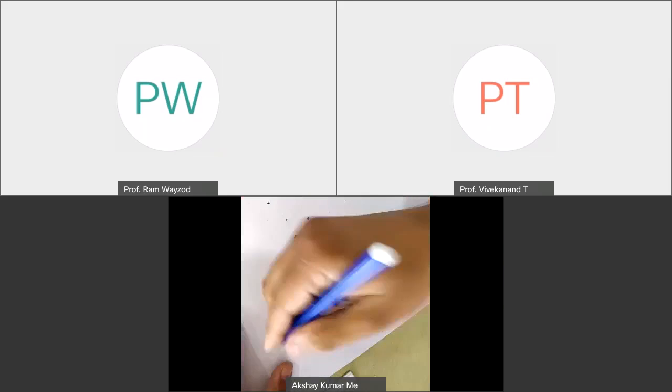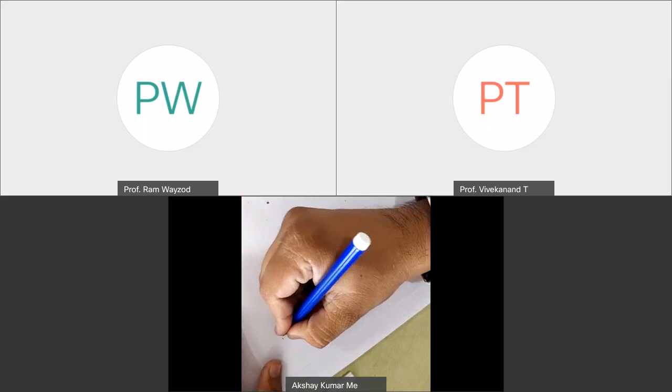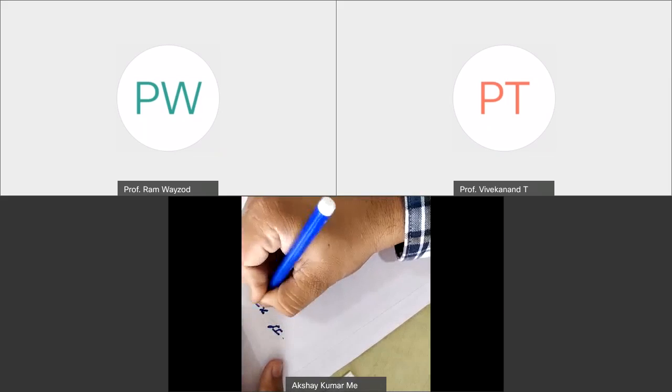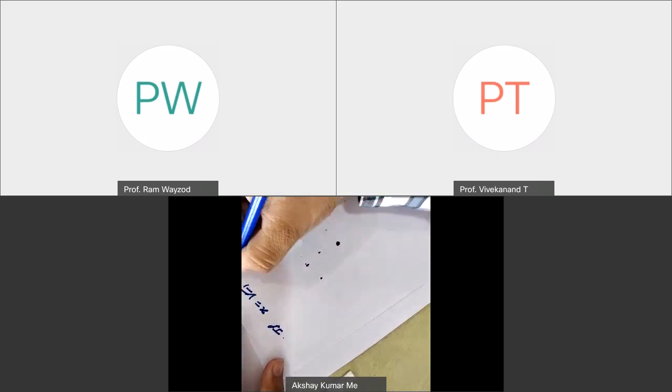Next. Suppose x is the root of minus 1, then find x to the power x.